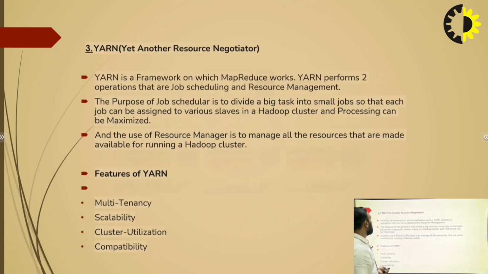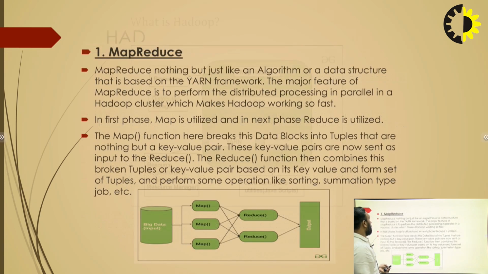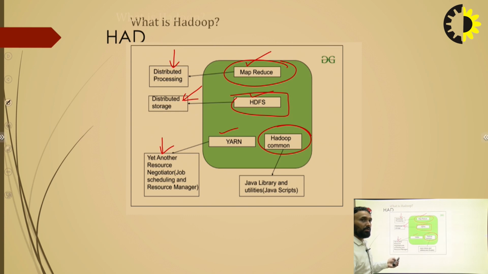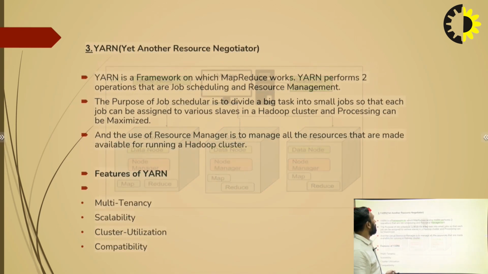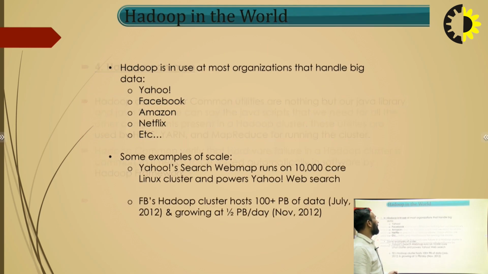So these are the basic 4 components of a Hadoop architecture: MapReduce, HDFS, YARN and Hadoop Common. A brief description is written here along with the slide. Now have a look at the different applications, or we can say where Hadoop is used.